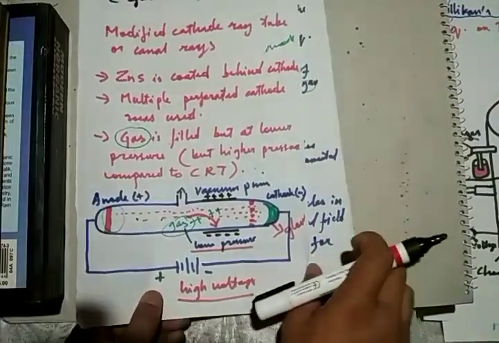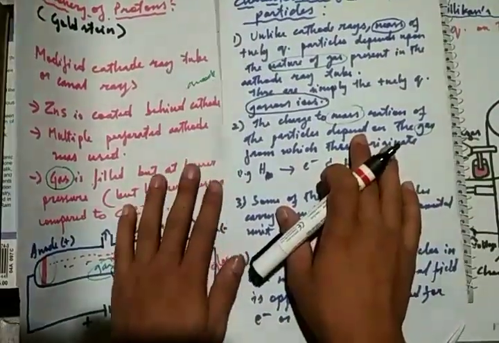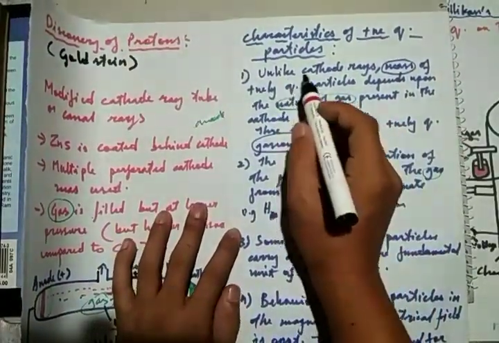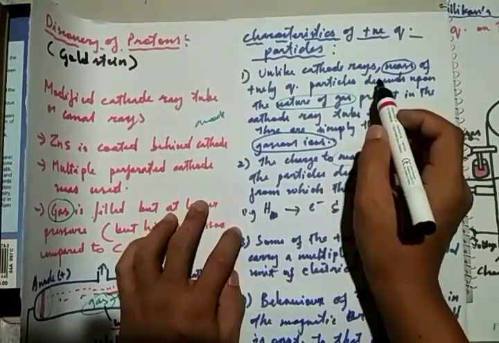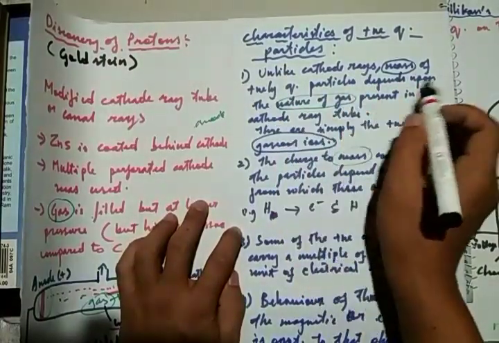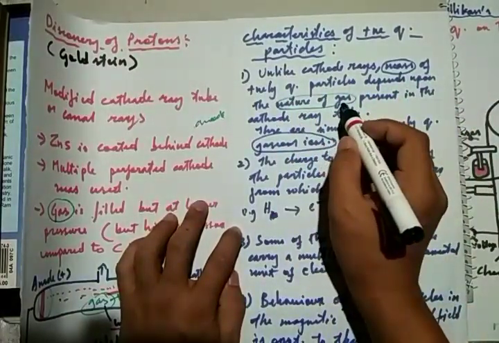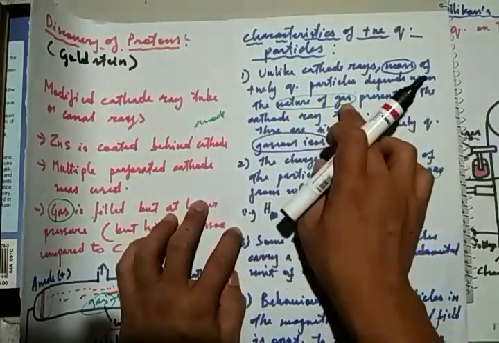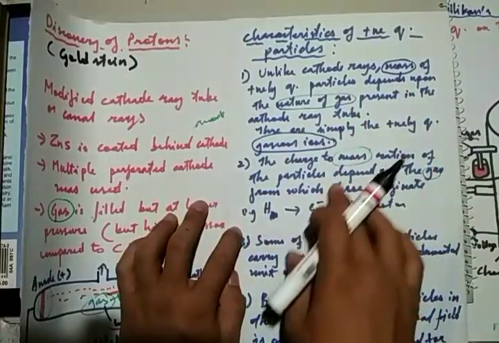Now we'll discuss some properties of these positive charge particles. Unlike cathode rays, the mass of positive charge particles depends upon the nature of the gas. The mass of these particles depends on the nature of the gas present in the cathode ray tube.